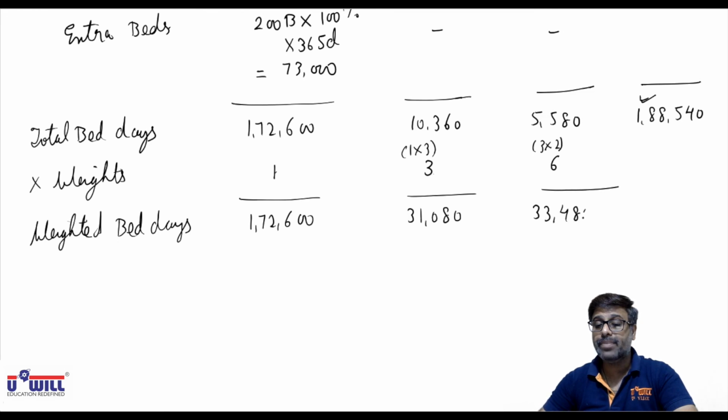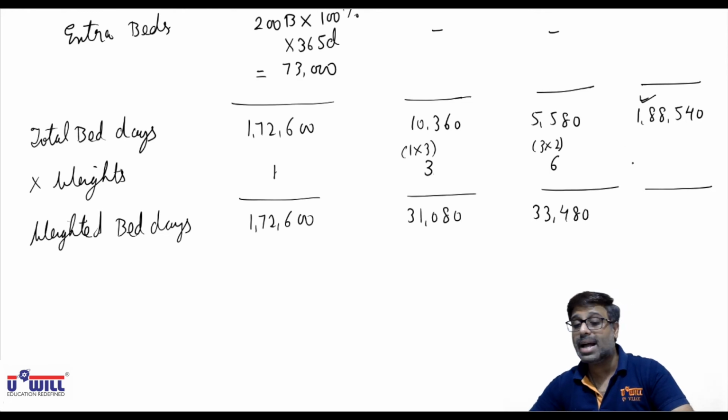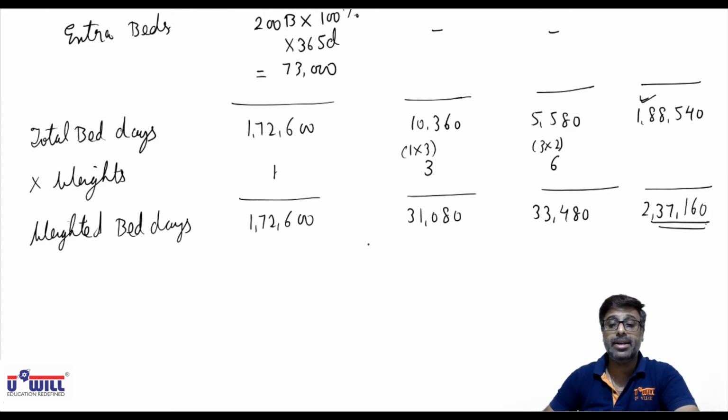So what are the total weighted patient days or bed days? 33,480 plus 31,080 plus 1,72,600, 2,37,160 are the total weighted patient or bed days.